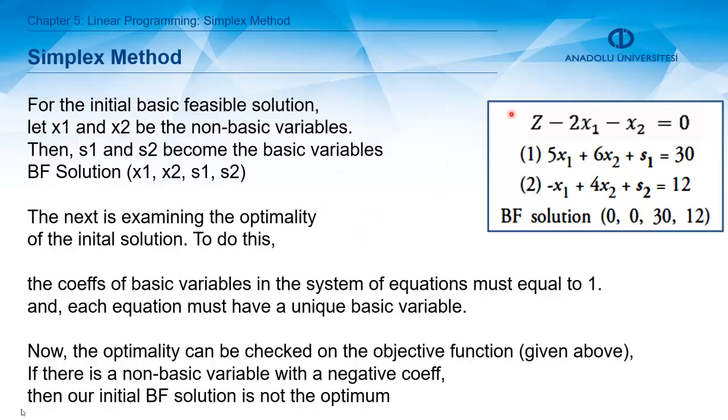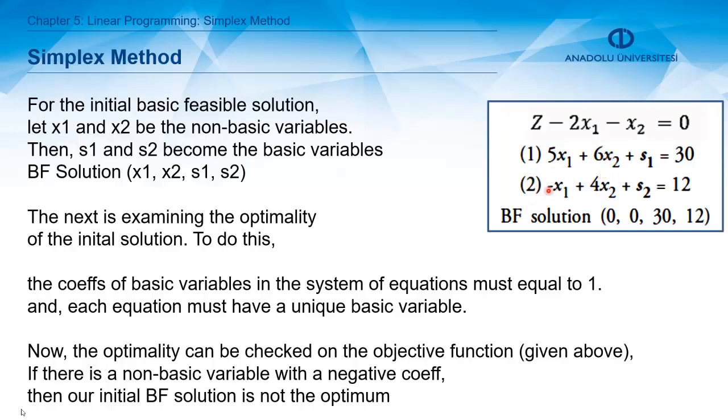Here at the right top side of the slide, we have in the blue frame the system of equations of the linear program. Next is examining the optimality of the initial solution. To do this, we need two conditions. One of them is that the coefficients of basic variables in the system of equations must equal 1.